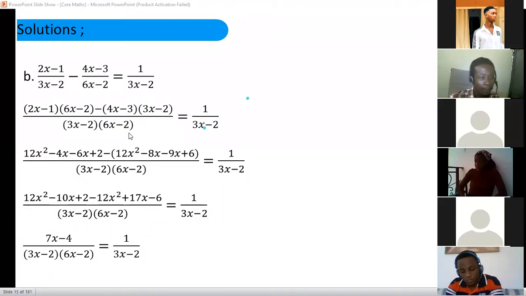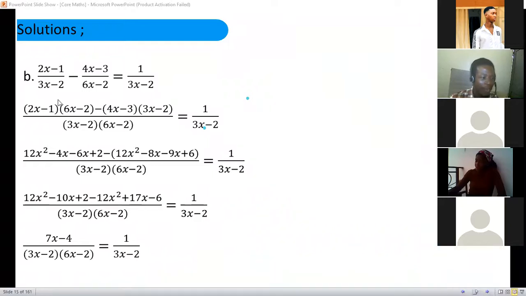Now, to simplify, we take the denominator of the first fraction and divide it into the LCM that we have found. Then we use the result after dividing to multiply the numerator of that fraction.